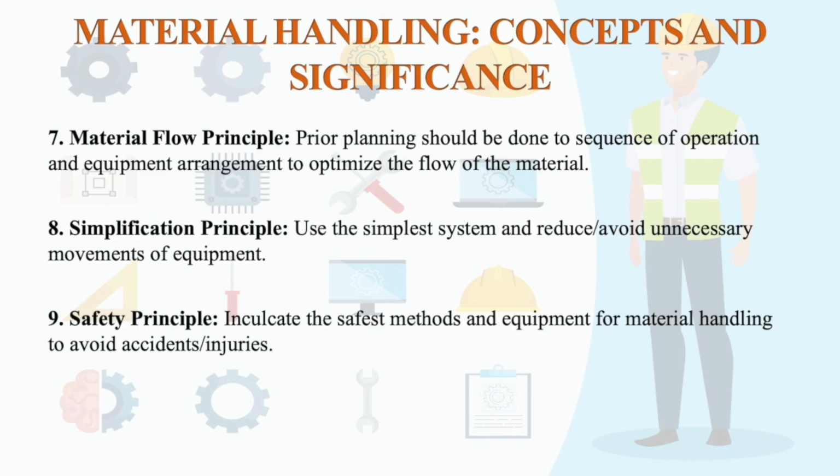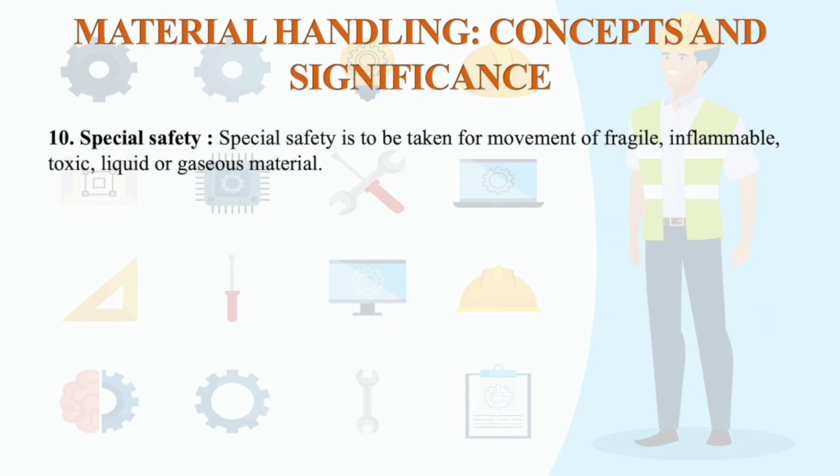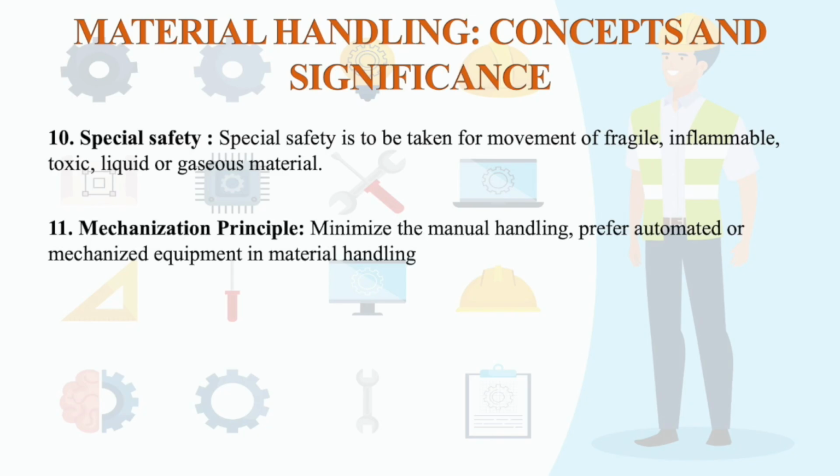Safety principle: inculcate the safest methods and equipment for material handling to avoid accidents and injuries. Special safety is to be taken for movement of fragile, inflammable, toxic, liquid and gaseous materials.